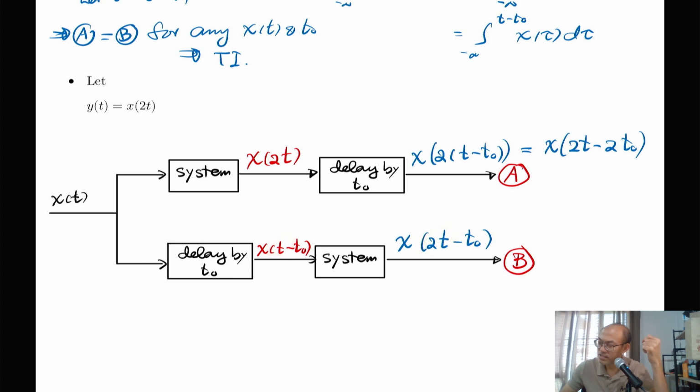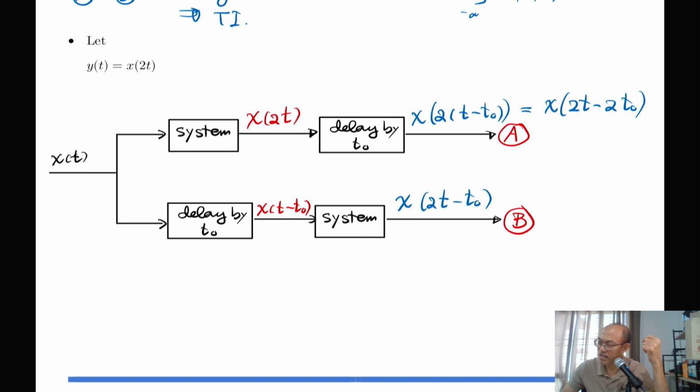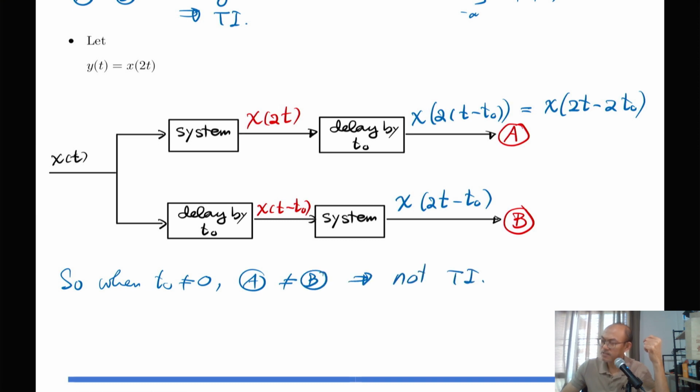That's it. All right. So you see, when t0 is not equal to 0, a is not equal to b. That means that it is not time invariant. That's what the system does.